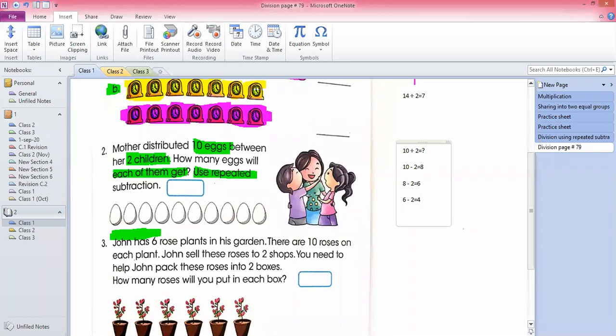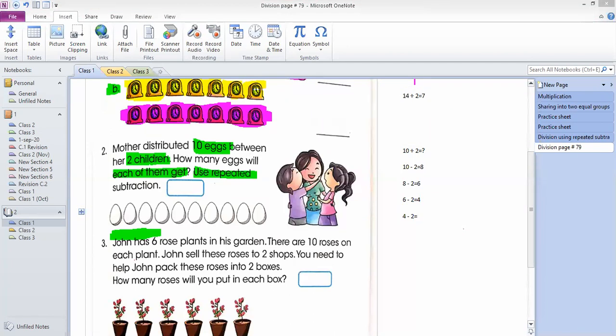Now there are 4 eggs. I will again minus 2. Give one egg to each of the children. Can you tell me 4 minus 2 is equals to? Two. Very good.